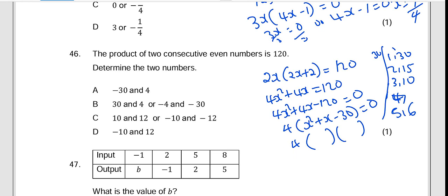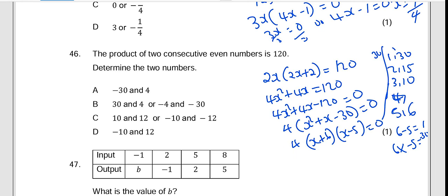So what's the combination? When I add or subtract them, it must give me 1. When I multiply, it must give me minus 30. It's 5 and 6. Because 6 minus 5 is what? Is 1. 6 times minus 5 is minus what? Minus 30. I will have x here, plus 6, and x minus 5 here.